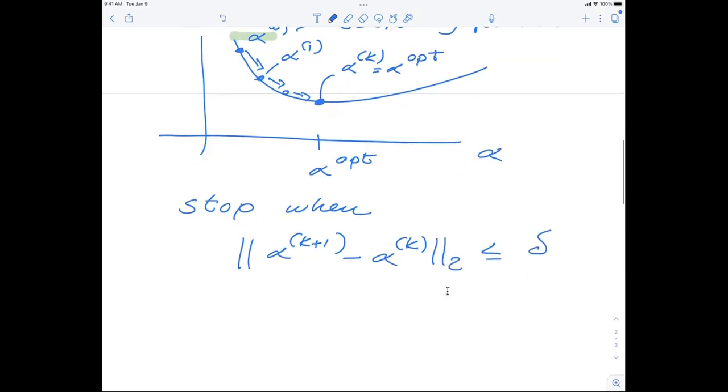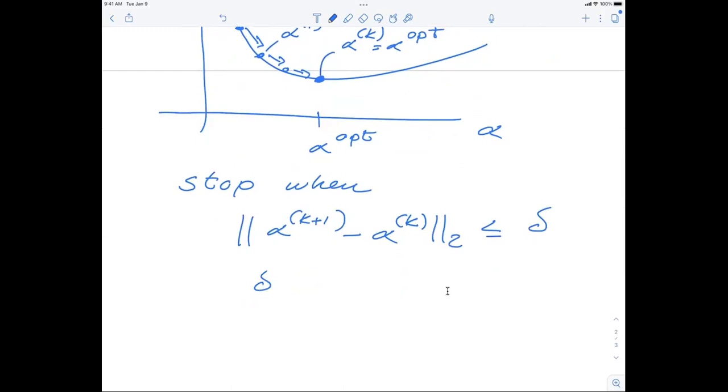This delta could typically be in the range of, let's say, 10 to the minus 8 to 10 to the minus 10, just to give you an example. So it's actually you who sets the tolerance. In the examples which I ran before, I put a tolerance of 10 to the minus 4. That depends from case to case.